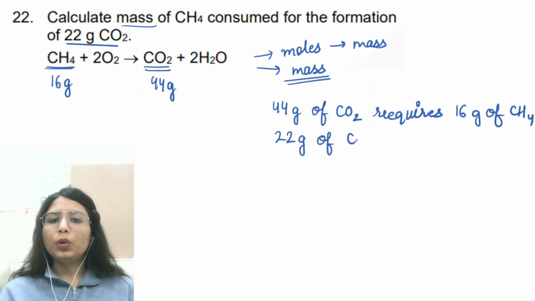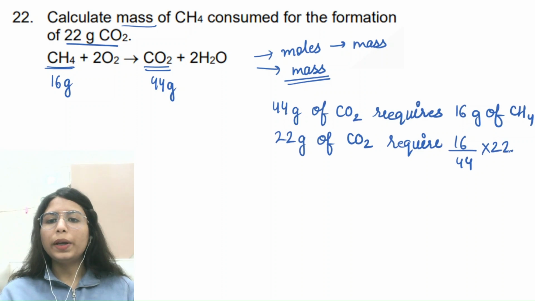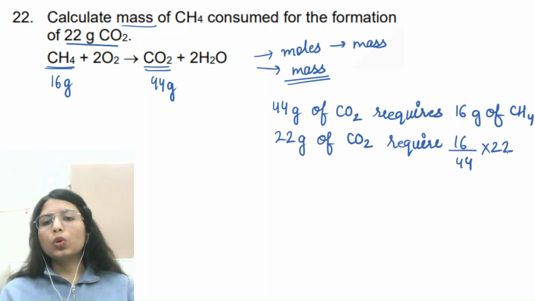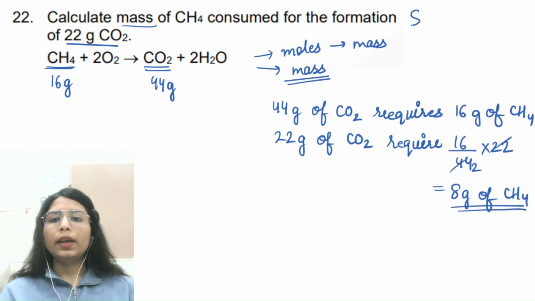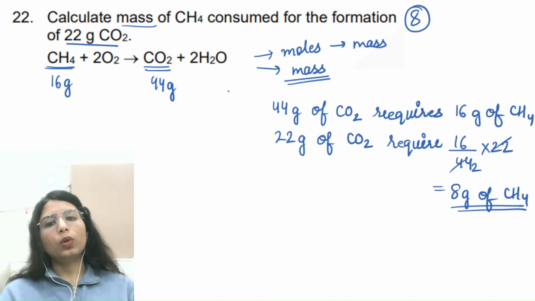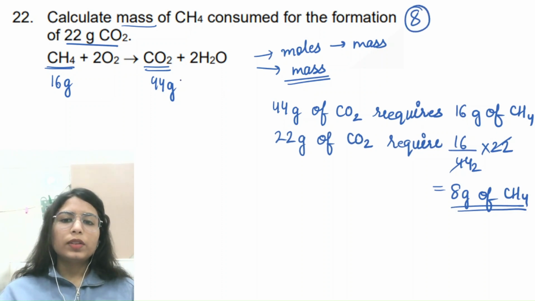So 22 gram of CO2 will require how many? 16 over 44 into 22, right? So it is basically 16 over 2, that is 8 gram of CH4. So the answer would be 8 grams. Okay, so that's how you can solve this question.